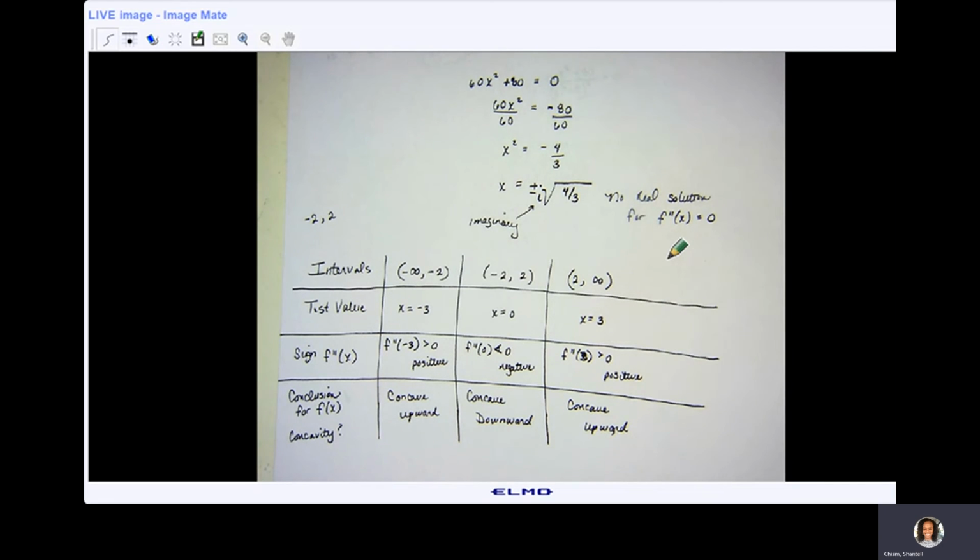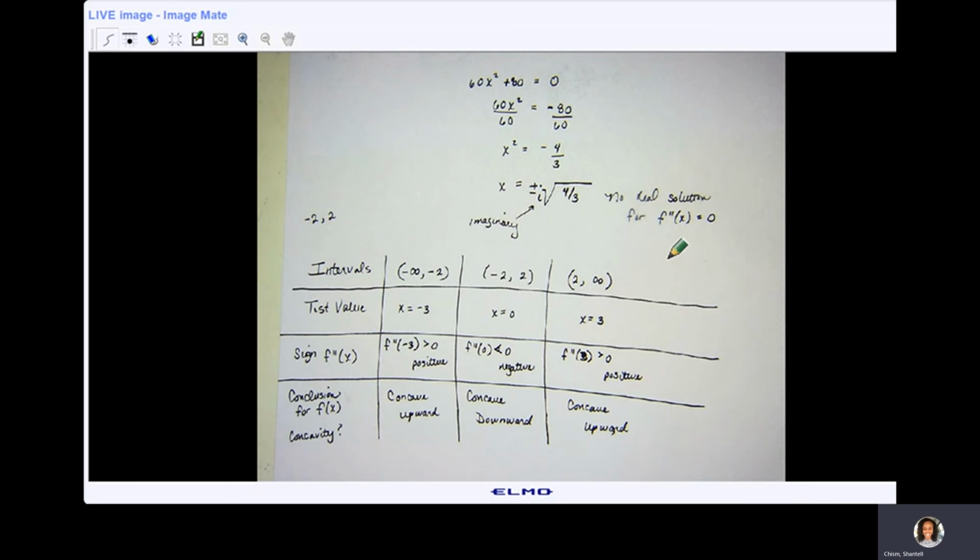A lot of these problems are really similar. Let's look at one more thing from our notes, though, to go a step further with the second derivative and concavity.